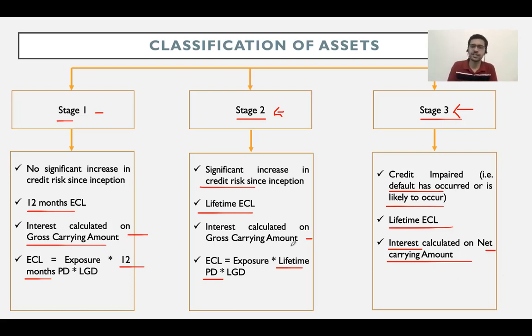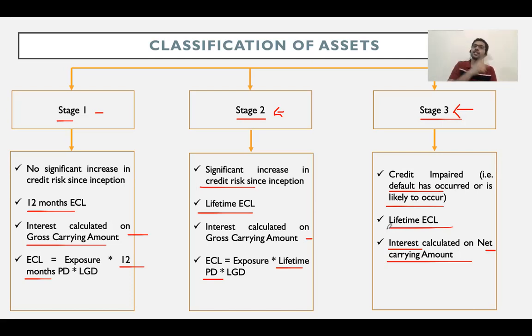In case of stage 1 and stage 2, I will straight away apply the effective interest rate on the opening balance, and the opening balance will be without deduction of ECL. Whereas once it moves to stage 3, the interest will be calculated on the net opening balance, which is after deduction of ECL. That is difference number 2 between stage 2 and stage 3 exposures.